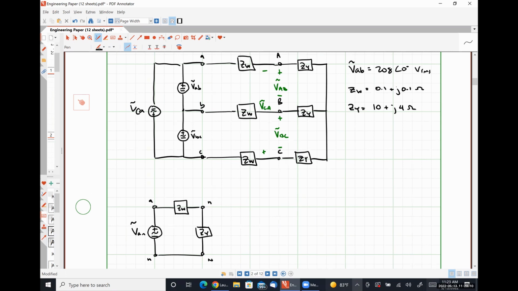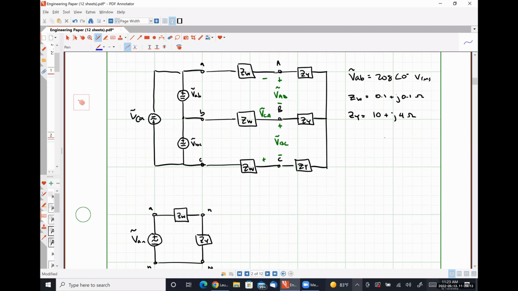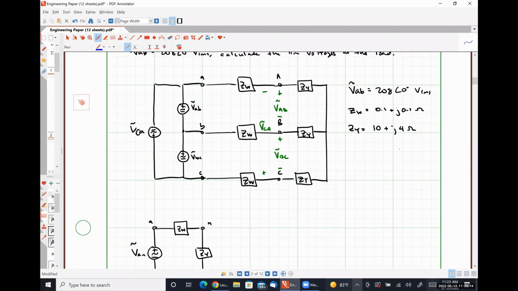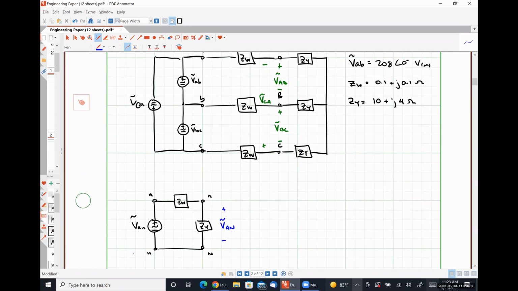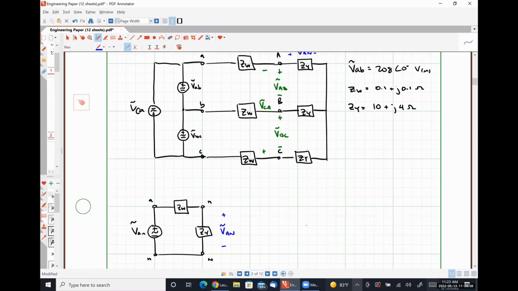Instead, what I'm going to be able to solve for directly would be this phase voltage VAN. Let's scroll down a smidge here.